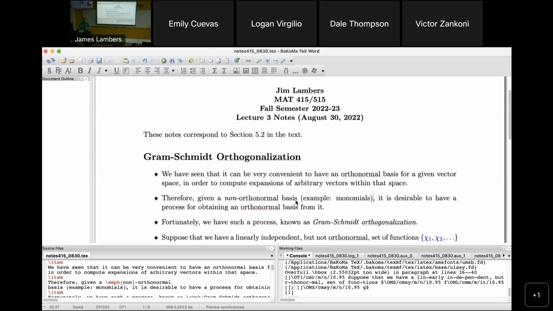So it would be nice if, when you have a basis that is not orthogonal, you could convert it to an orthogonal or orthonormal one. And we have a process that will give us that, called Gram-Schmidt Orthogonalization.